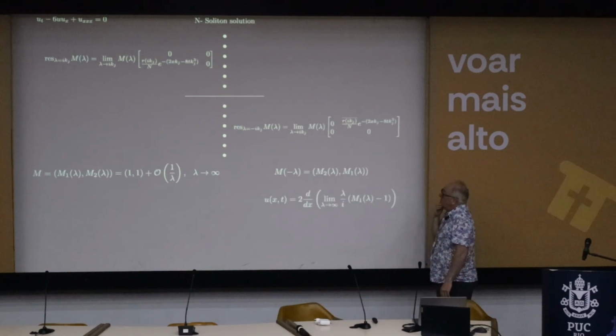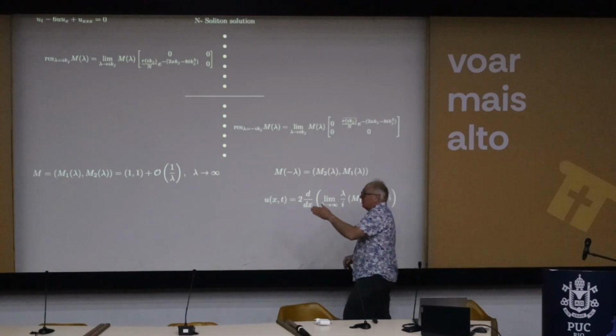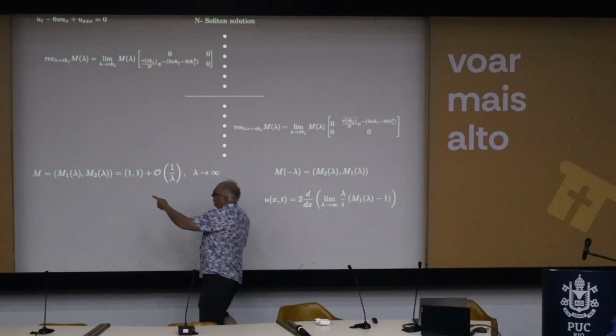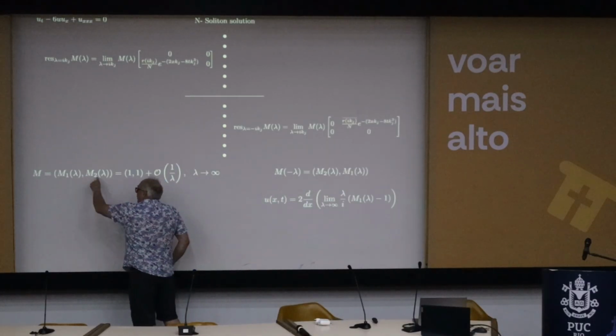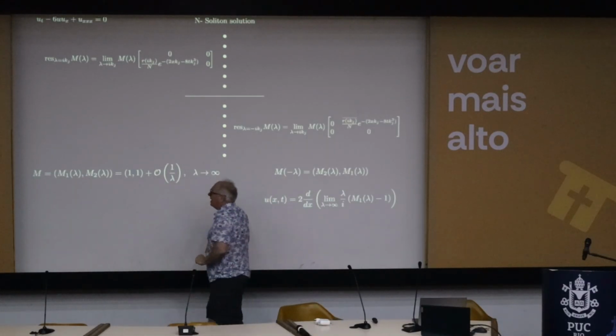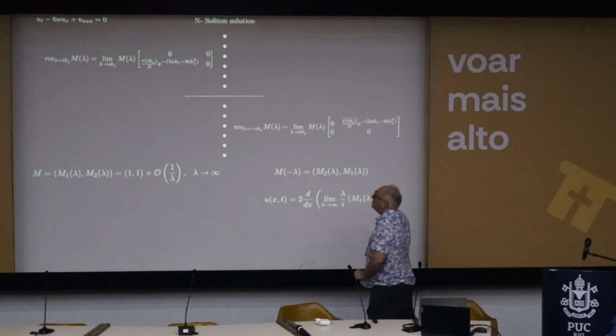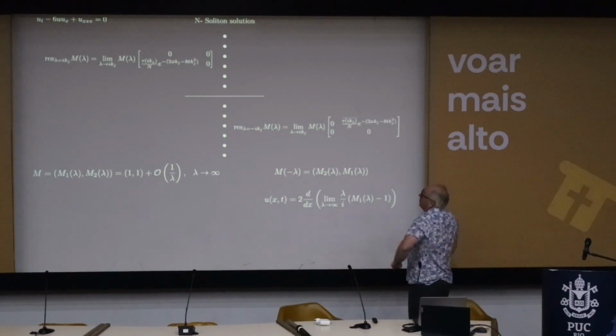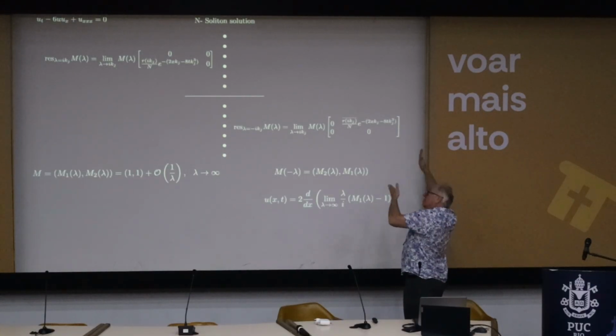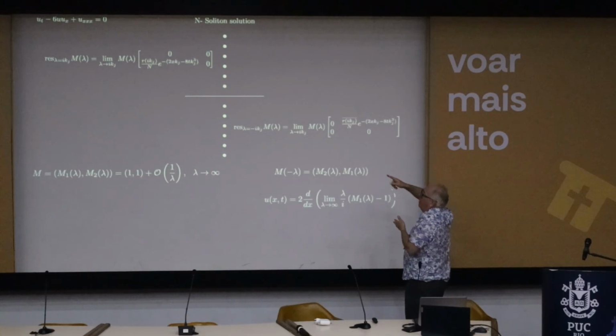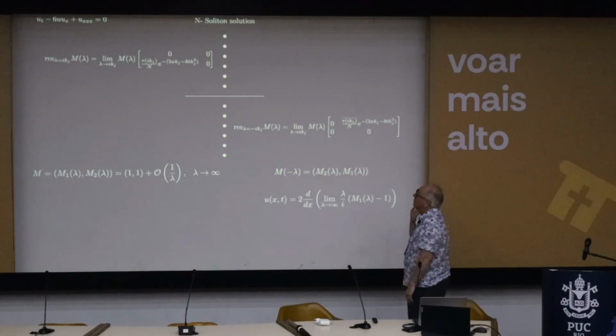To describe the behavior at the poles, we usually say something like this. At the poles of the first entry, m1, there are residues, and the residues are related to the values of the second entry at those poles. That's described in the formula in the upper left-hand part of the screen. The residue at each of these points, i k_j, of m, is given by the second entry of m times this constant, which you see inside the matrix.